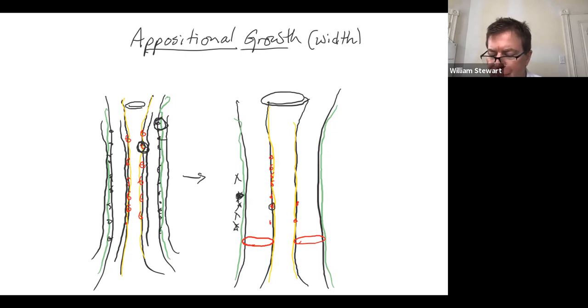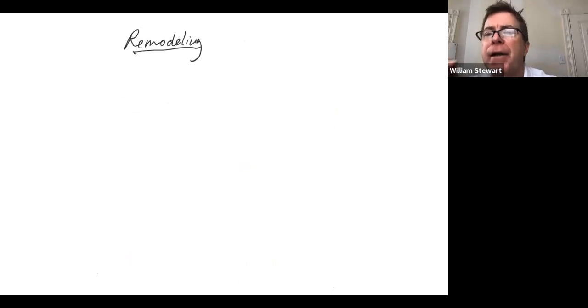Now, once we're fully grown, once we have finished our growth spurt, our bones continue to remodel throughout life, pretty much. And this term, bone remodeling, just refers to the ongoing process of coordinated osteoblast and osteoclast activity, even after we are fully grown.